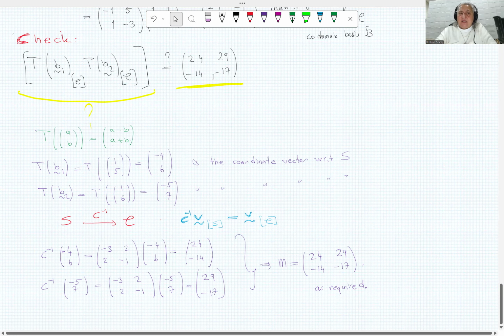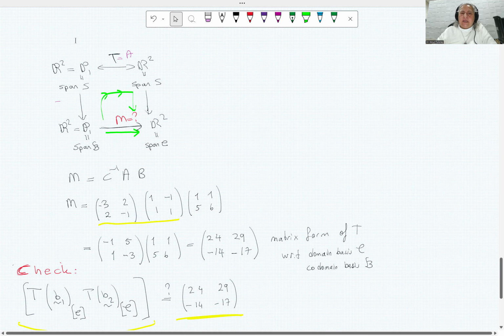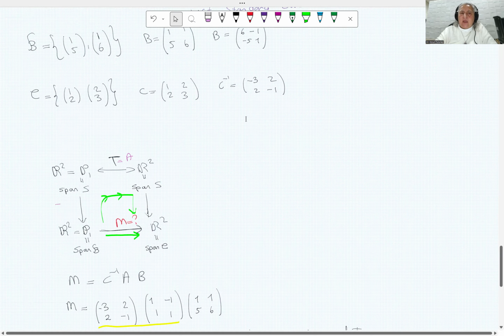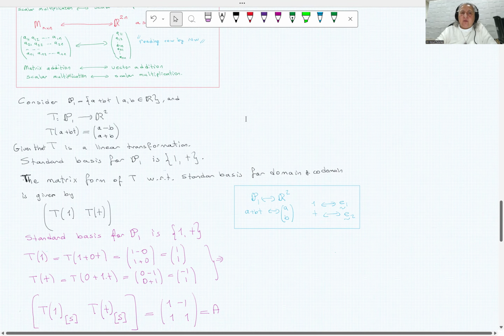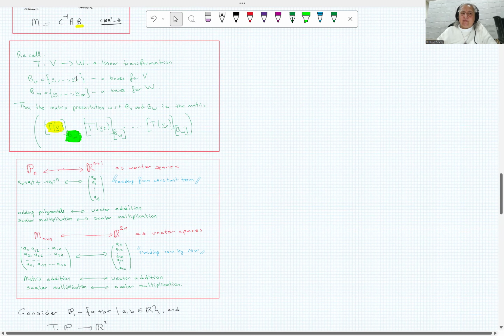So, right, we found it by thinking of this shape, and we also found it in the theoretical way. Both of them are done.